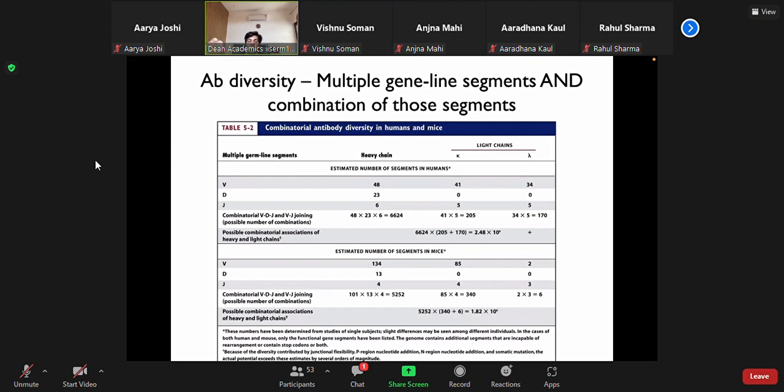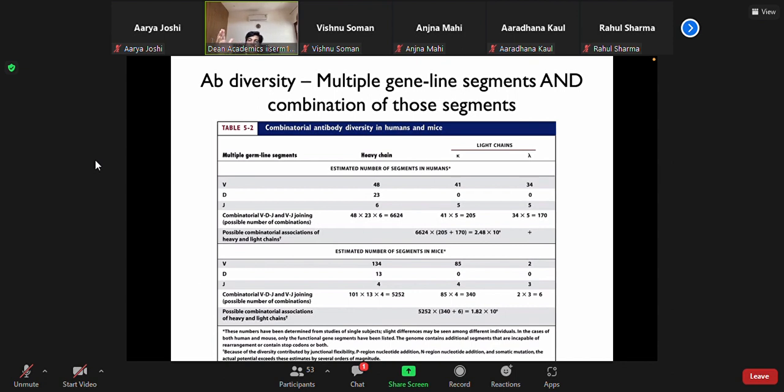One of the theories proposed by F.M. Burnet way back in the 1950s is that every cell you have, you have one cell, another cell, another cell, whatever the identity of the receptors on this cell, that will remain the same for all the receptors on this cell.